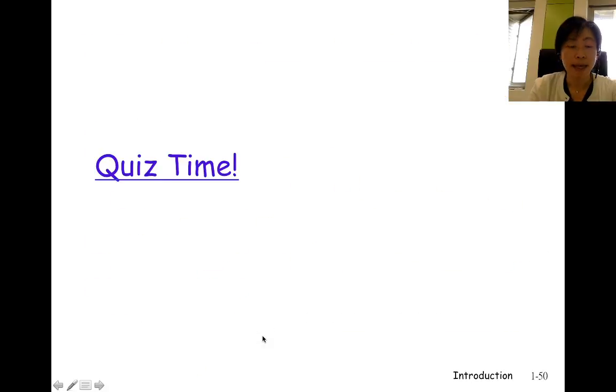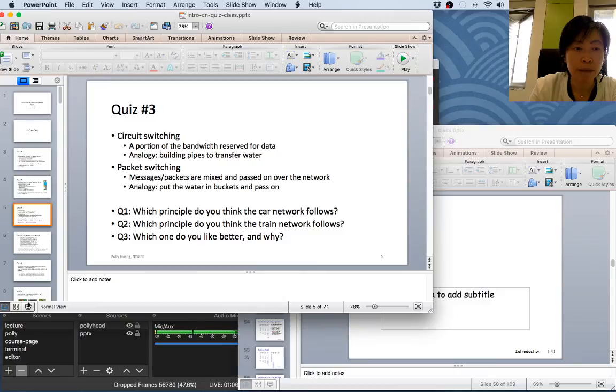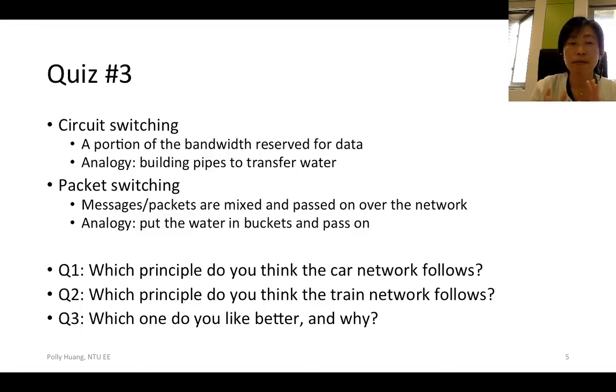All right, and that takes us to quiz time, quiz number 3, and good that it's just the right amount of time for the lecture today. So what I'm asking you is to think a bit more about circuit switching. Circuit switching tries to reserve resource and set up physical connections.